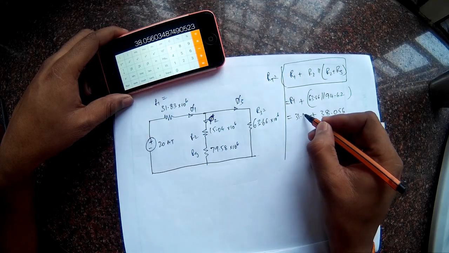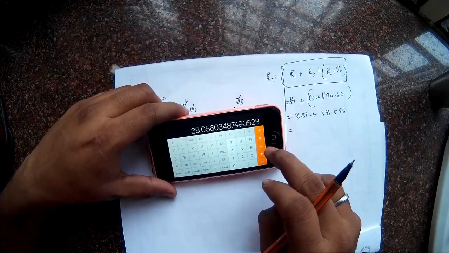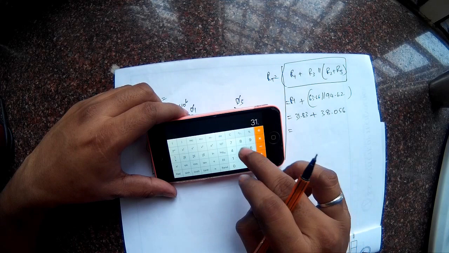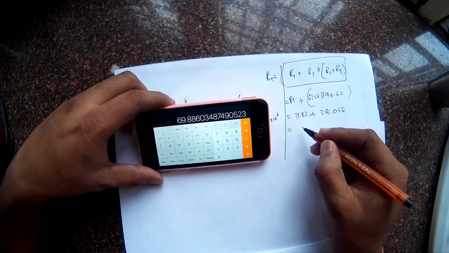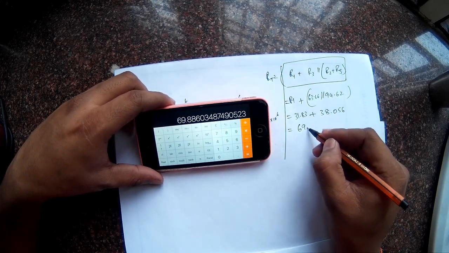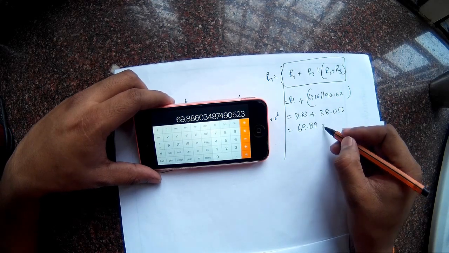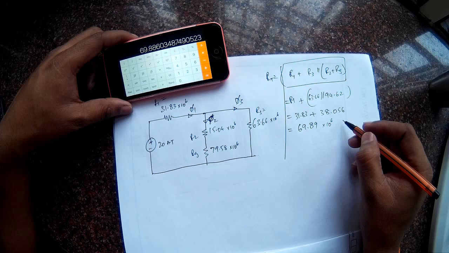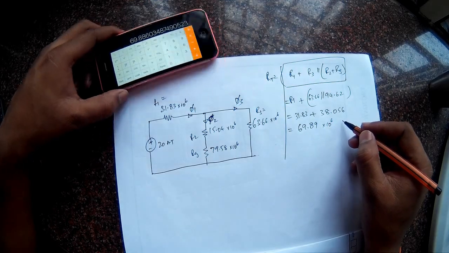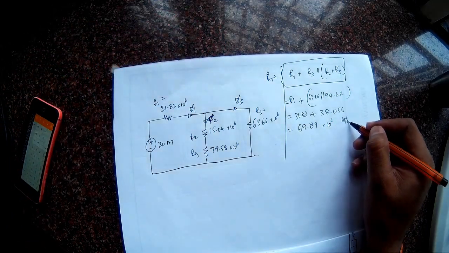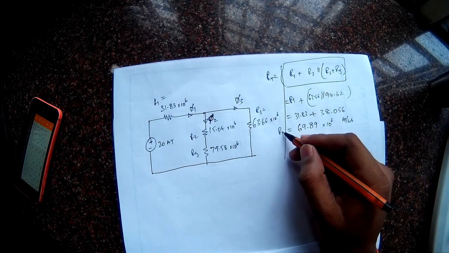R1 is 31.83. Now if I add that plus 31.83, so I will be getting 69.89. I am just rounding it off into 10 power 6. What is the unit? Ampere turns per Weber. So this is the total reluctance.